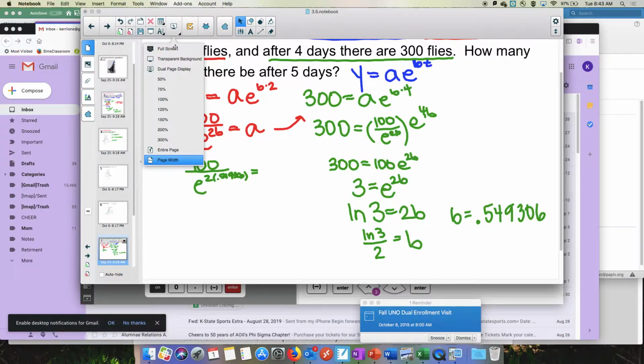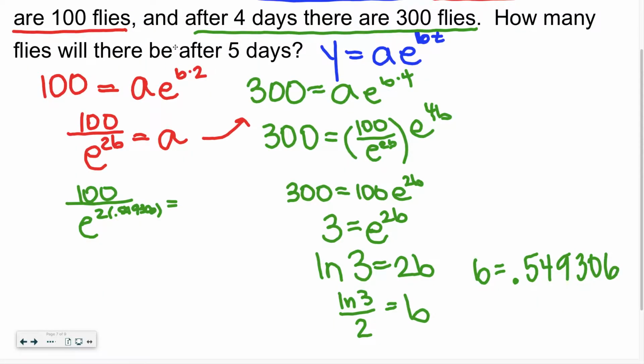So we have 33.33, right? What's 33.33? That's 33 and a third, right? How can I express it as a mixed number or an improper fraction? 100 over 3?